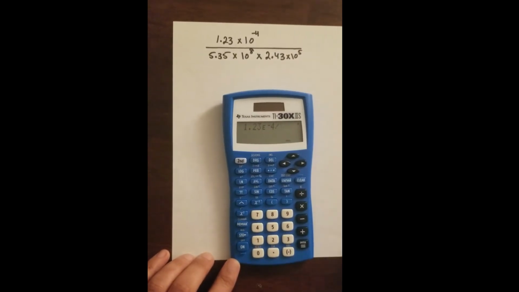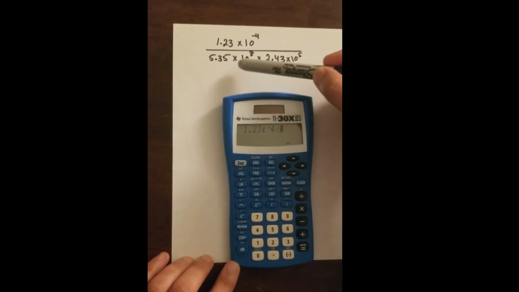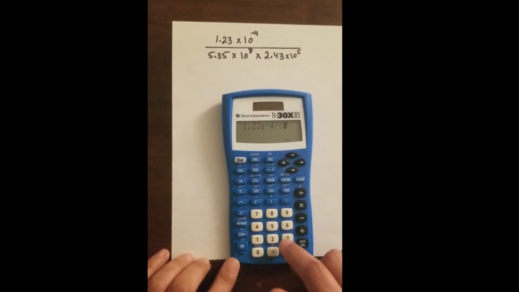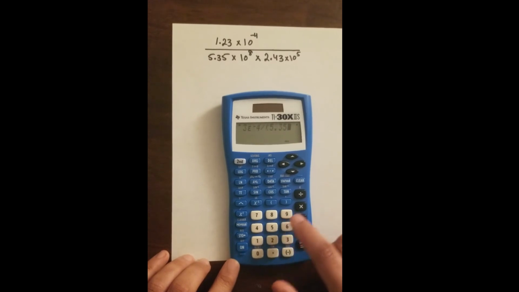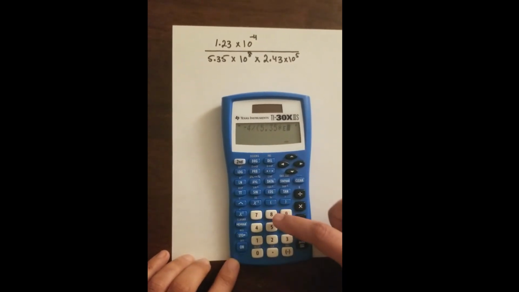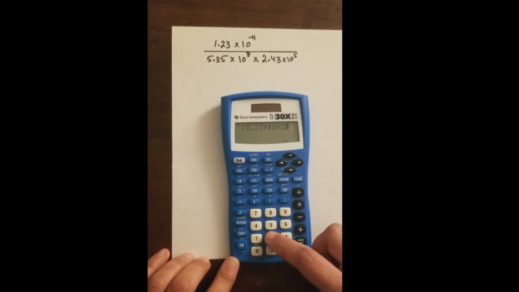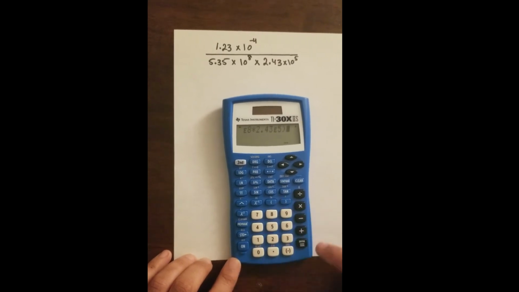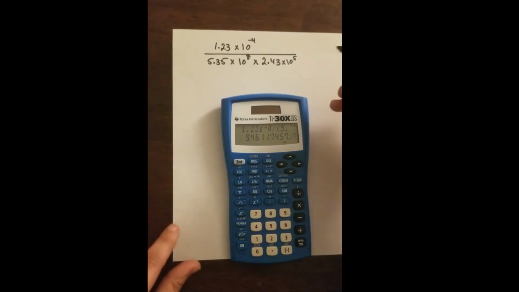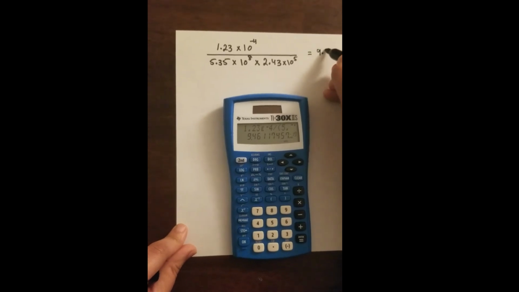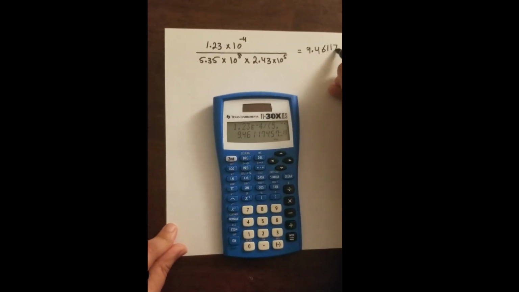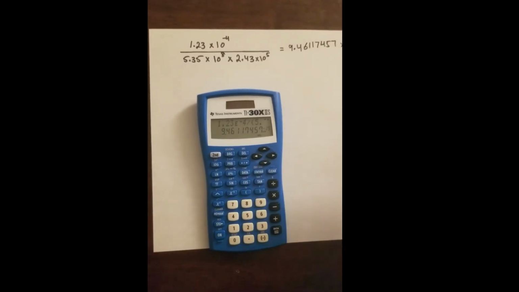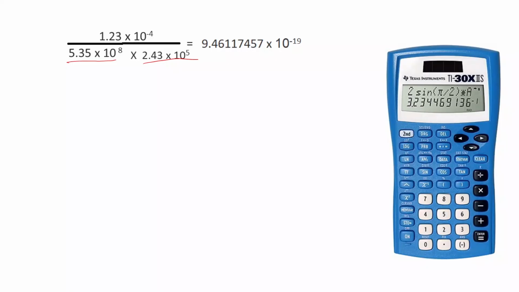As I enter the denominator, and there are some multiplications as well, I will use a bracket: 5.35 multiply exponent 8 multiply 2.43 exponent 5 and close bracket. And this is going to be my answer, 9.46117457 times 10 to the negative 19. If you have this answer, it means you are doing it right.